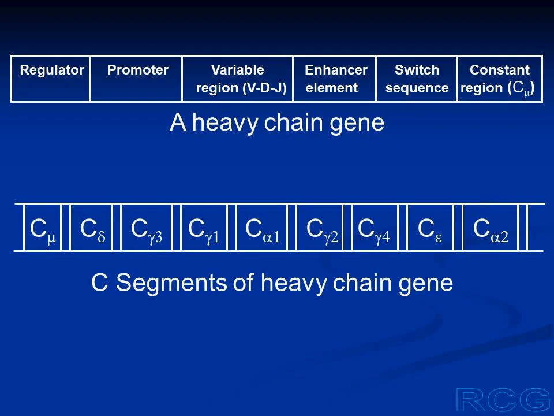There are 9 C segments in the heavy chain gene. These are C mu, C delta, C gamma 3, C gamma 1, C alpha 1, C gamma 2, C gamma 4, C epsilon, and C alpha 2. And in between each of these, there is a switch sequence.